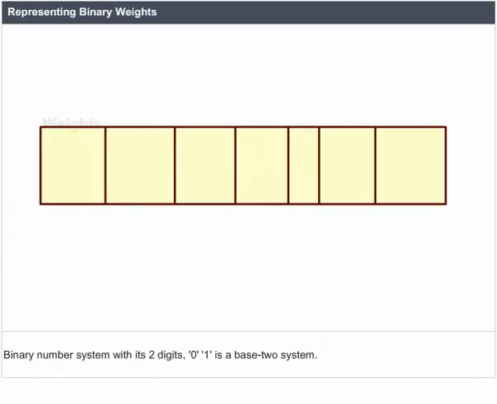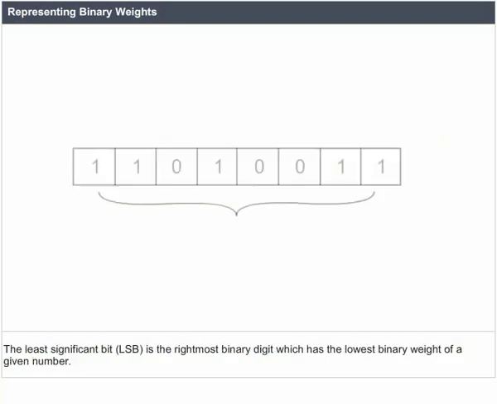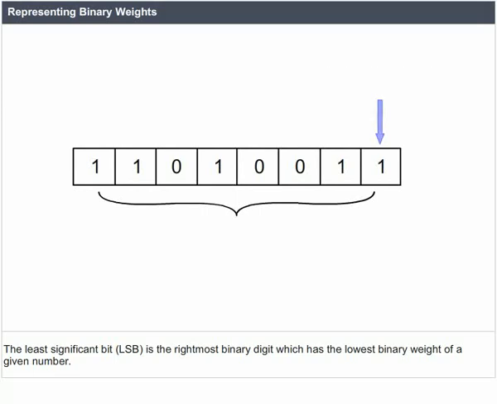Representing binary weights. The binary number system with its two digits 0 and 1 is a base 2 system. The table shows the weighting for the binary number system up to 2 places before and 3 places after the binary point. The least significant bit, LSB, is the rightmost binary digit, which has the lowest binary weight of a given number.